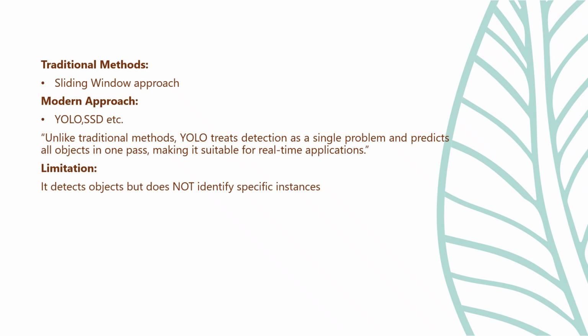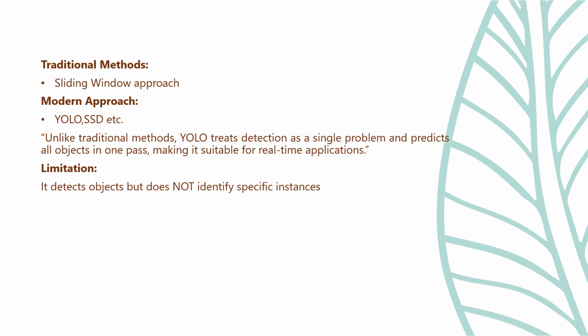If we talk about the traditional methods, earlier object detection relied on the sliding window technique. In this approach, thousands of small windows were moved across the image at different sizes. Each window was classified individually. Although accurate, this method was extremely slow because every possible location had to be examined.